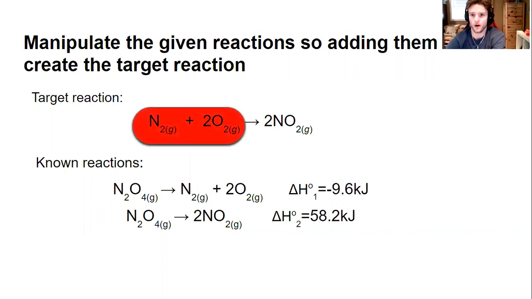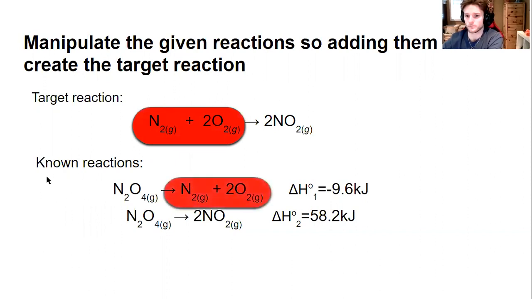We know on the left side of our equation, we want nitrogen gas and 2 moles of oxygen gas. Well, that's in equation 1. That's the right-hand side of equation 1.